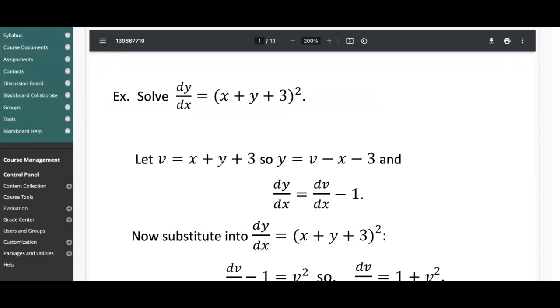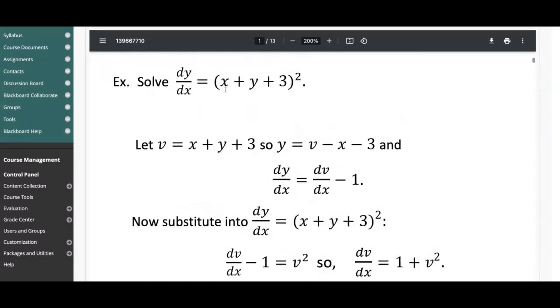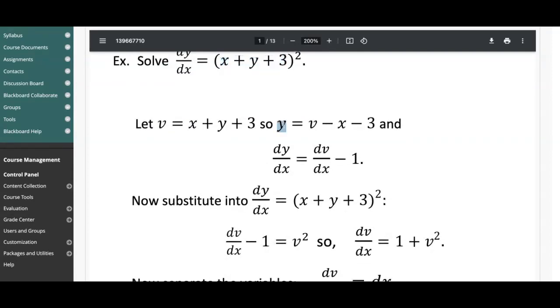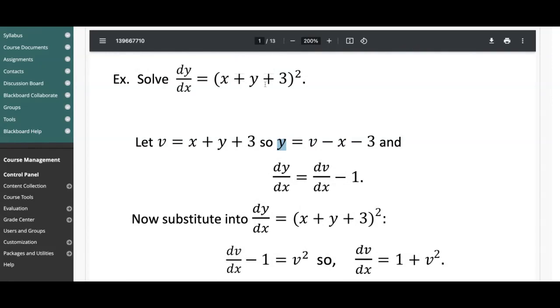This one works this way. We'll let v be this, then we rewrite v, because we want to solve for v in the end. Our goal is to find an equation to satisfy this differential equation. So in the end, we want to be able to write y as a function of x.